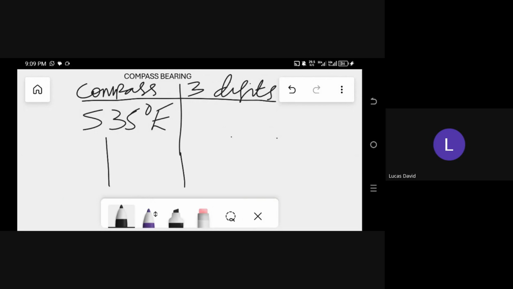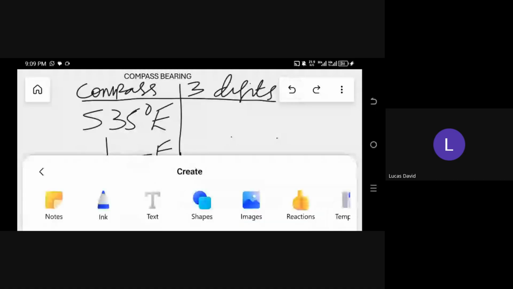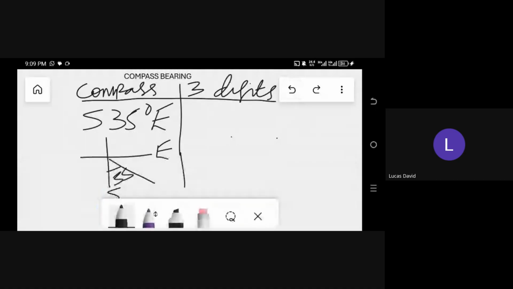This is the east, this is the south. So south 35 degrees east should have this 35 here.